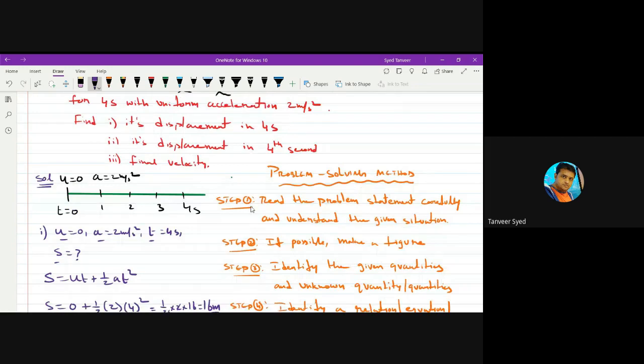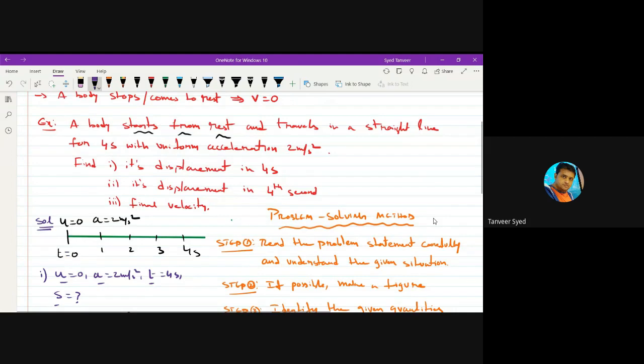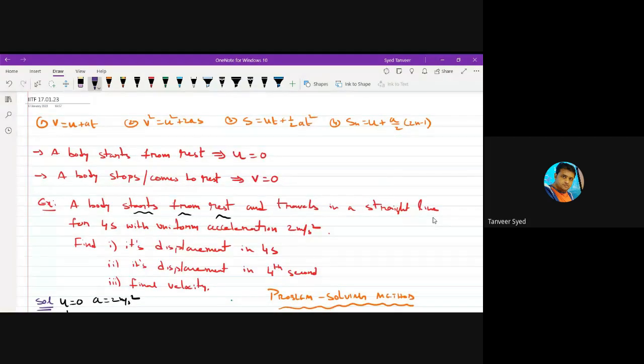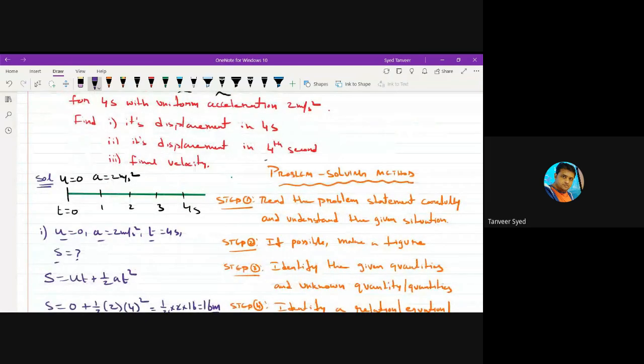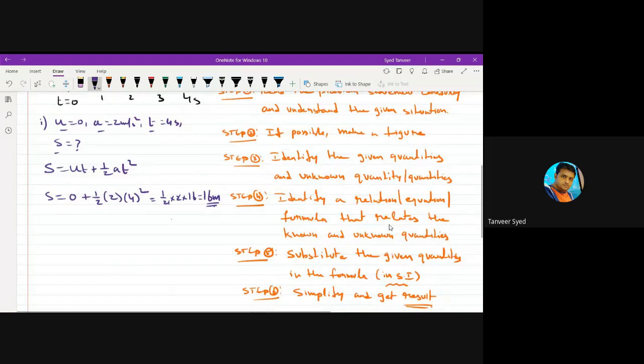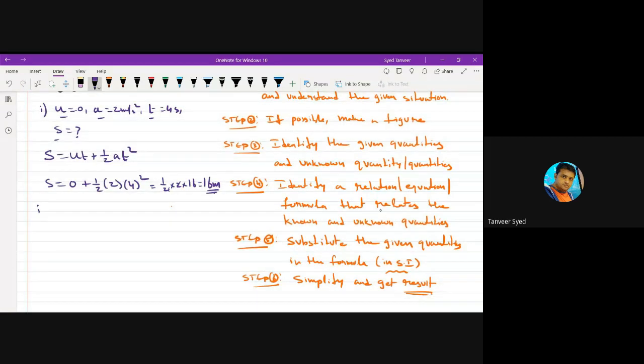Second question. Its displacement in the 4th second. I told you 2 or 3 times the difference between the third equation and the fourth equation. The third equation gives you displacement in an interval of time. The fourth equation gives displacement in one particular second. And here displacement in the 4th second is asked. So we should use Sn equal to u plus a by 2 into 2n minus 1.